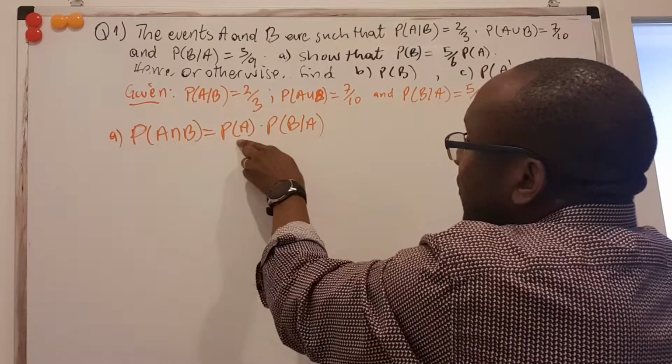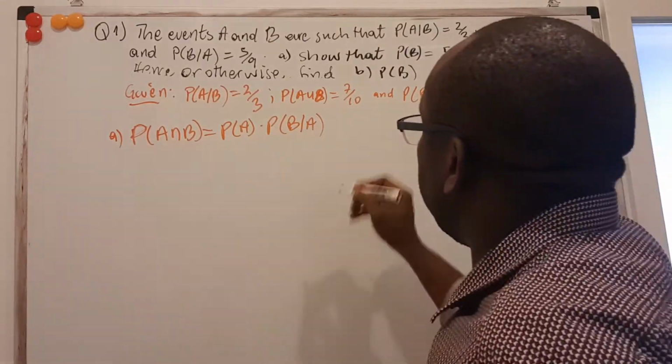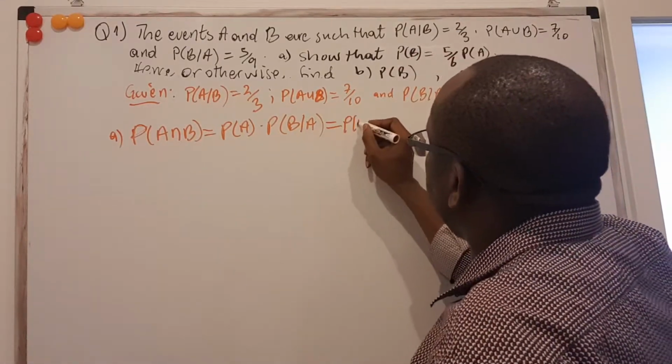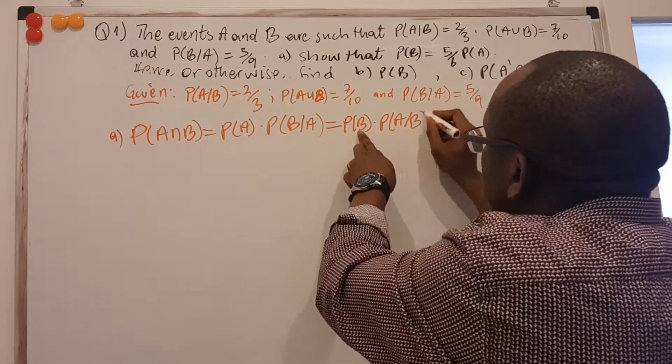So if P of A is here, the A has to be the one that's given because it's already happened. But this is also the same. We agreed that there were two forms of it. You could see it as P of B multiplied by P of A given that B has occurred.